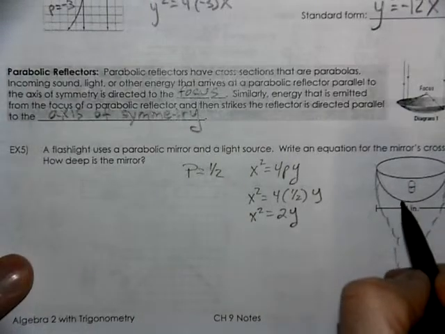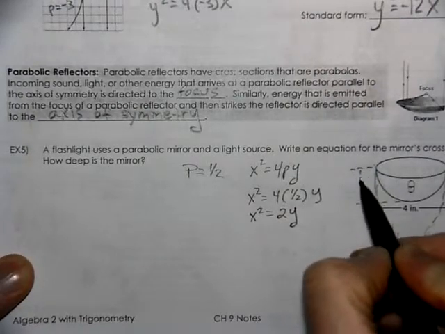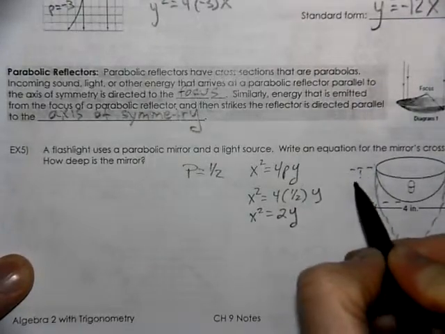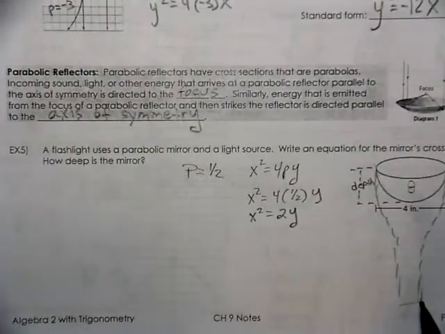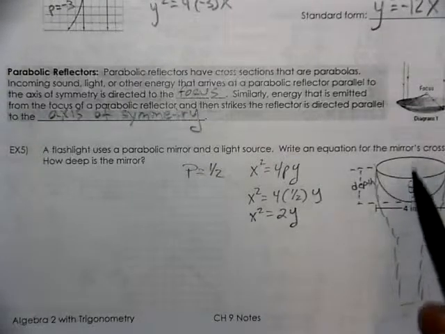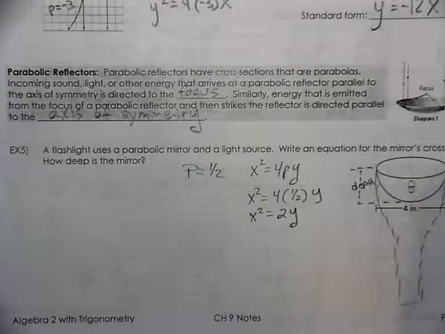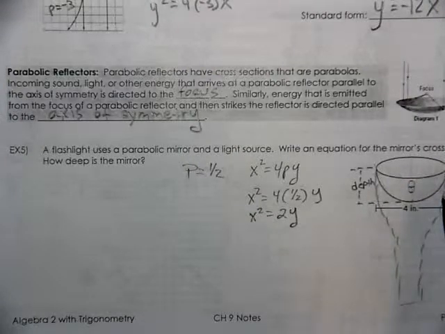Now, for us to figure out how deep it is, that's the depth. Okay, we're going to come out a total amount of 2 inches. This would be our axis of symmetry. We're half an inch up. We're 2 inches to the side for us to reach that maximum amount.